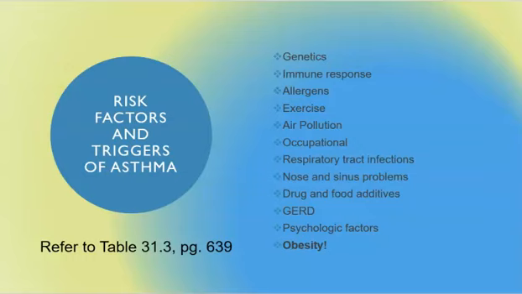Genetics, immune response, allergens, exercise, air pollution, occupational hazards, respiratory tract infections, nose and sinus problems, drug and food additives, GERD, and we'll talk about that in just a second. And then there's also some psychological factors involved. Obesity, big factor.